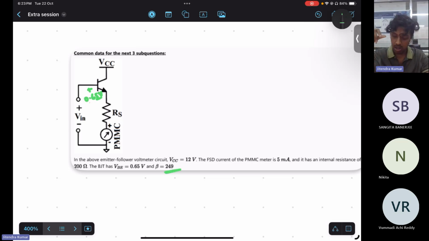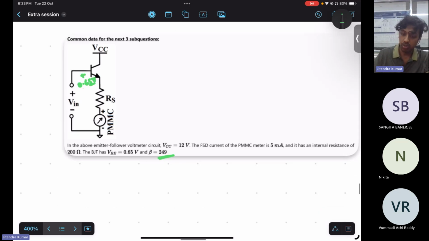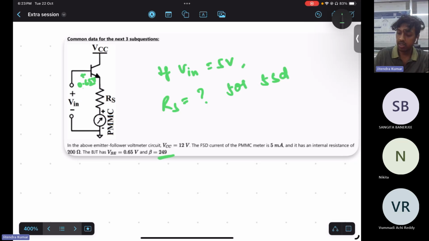Now, the first thing we want to find out is the value of RS to obtain full scale deflection if Vin is 5 volt. We need to find the value of RS for full scale deflection of the PMMC.